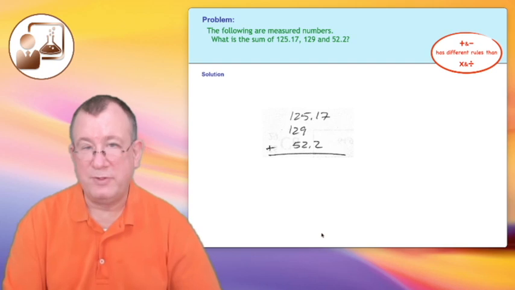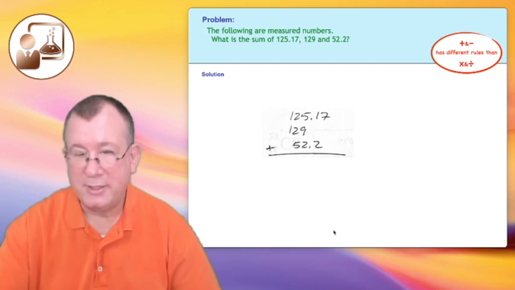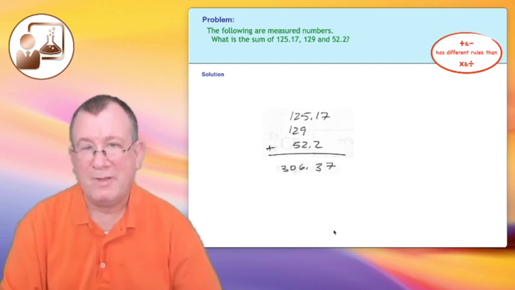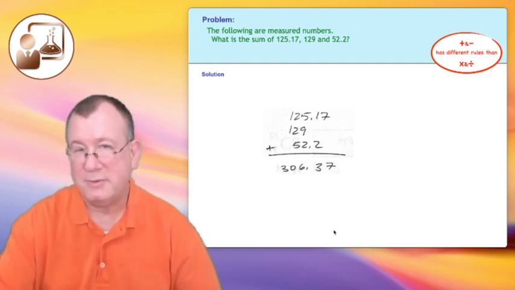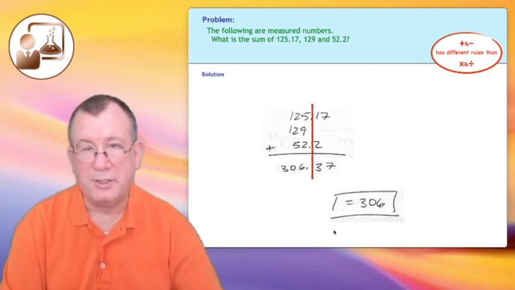It's 1 for the first one, 2 for the third, but unknown for the middle one. So when my calculator tells me 306.37, I can't trust that 3 because I don't know what came after the 9. So I have to round it off after the 6. What's after the 6 is less than 50% of the way there, so I'm just going to call it 306. You good on this?